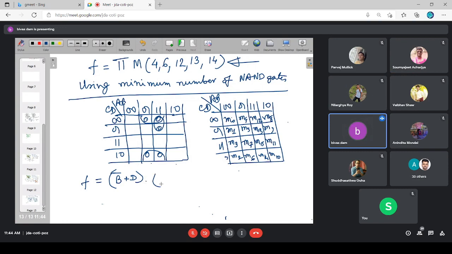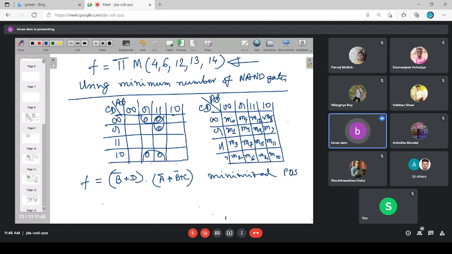And for the pair, A bar plus B bar plus C. So that's the minimized POS.